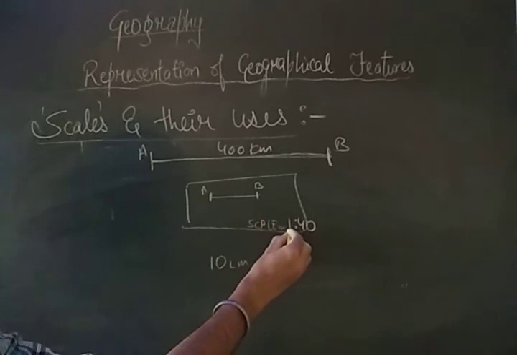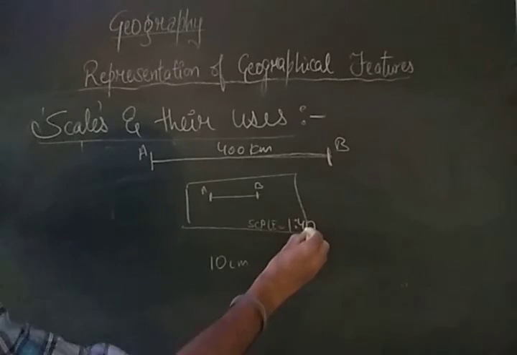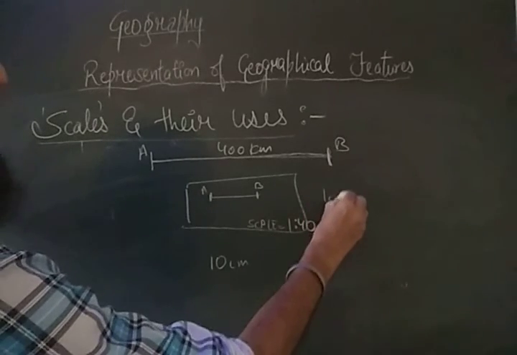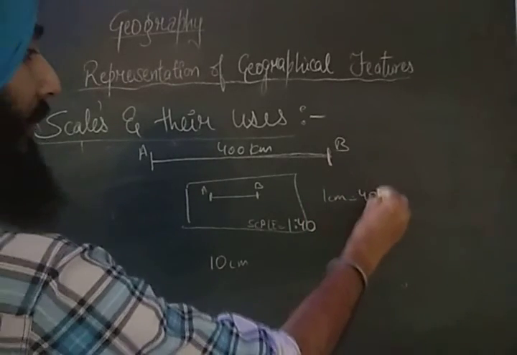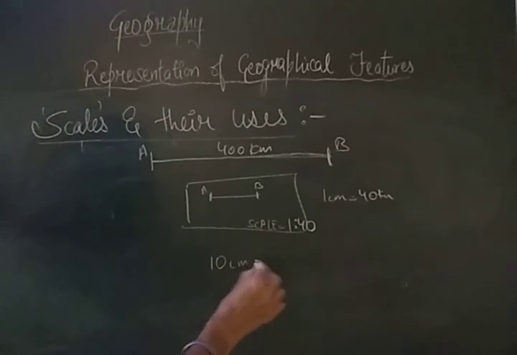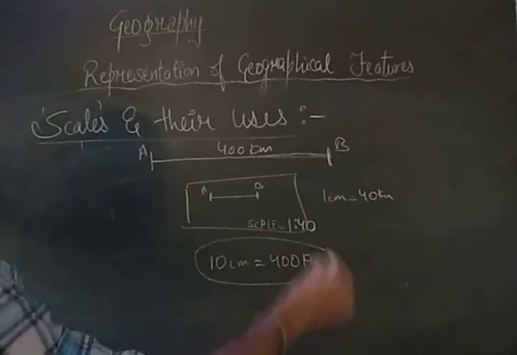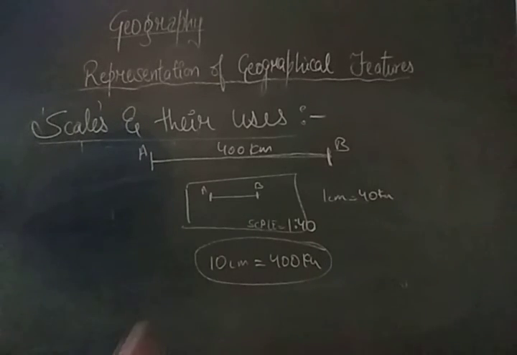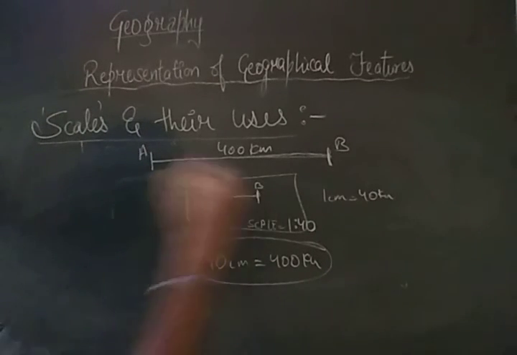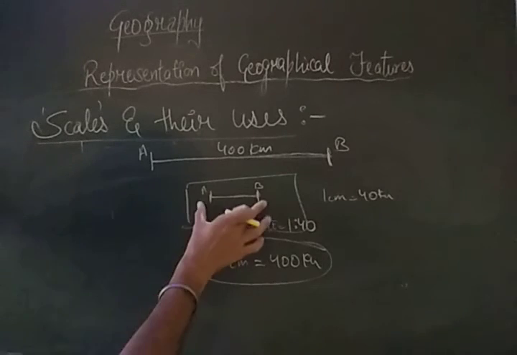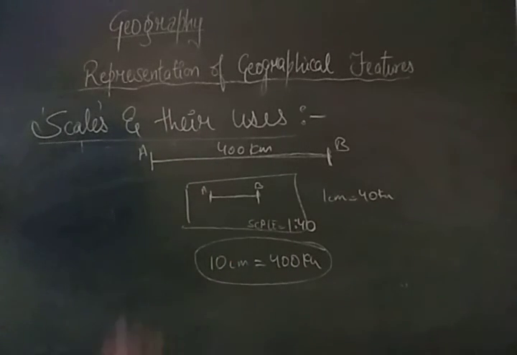Then I check the scale. The scale is 1:40, which means 1 centimeter is equal to 40 kilometers. So 10 centimeters represents 400 kilometers. By reading the map through the scale, I come to know the distance between two places. This is how the scale is used.